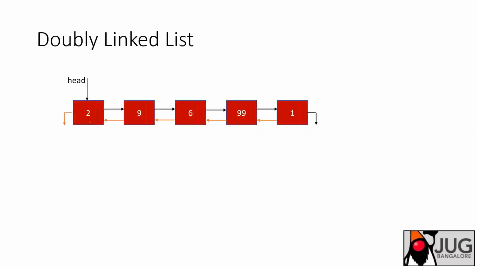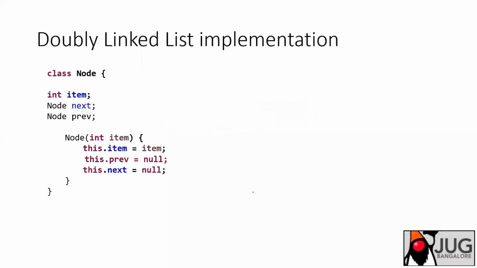So there are two pointers here: the next pointer as well as the previous pointer. In our earlier node struct, we had only one element, which is the next. Now we have two pointers, next and previous, which means references pointing to a next and a previous node, and both are assigned to null.